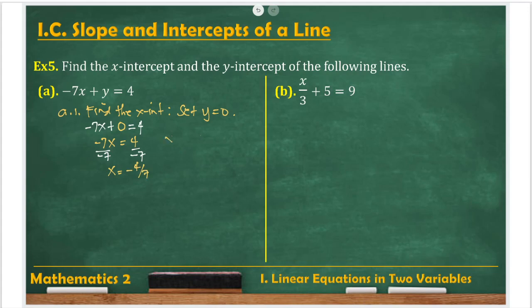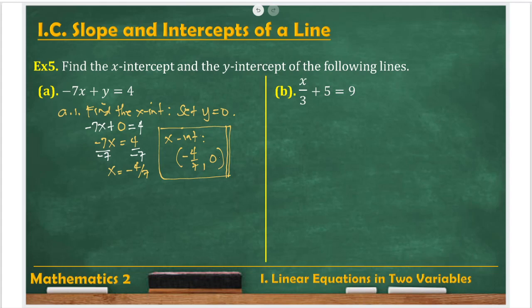Therefore, the x-intercept is the point with coordinates negative 4 over 7, 0. So that's the x-intercept. Okay, so I wrote it as an ordered pair. So we pair negative 4 over 7 with 0 y coordinate.